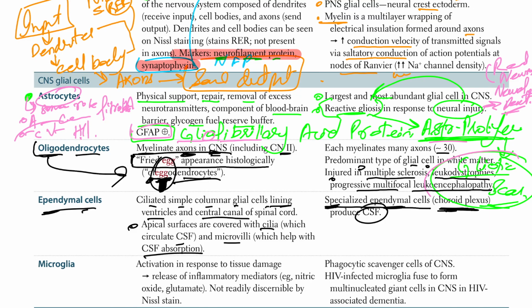They are just normal ciliated simple columnar cells which line the ventricles and the canal, and their apical surfaces are covered with cilia, which circulate the CSF. And there are microvilli, which also help the absorption of the CSF. That's all about ependymal cells.